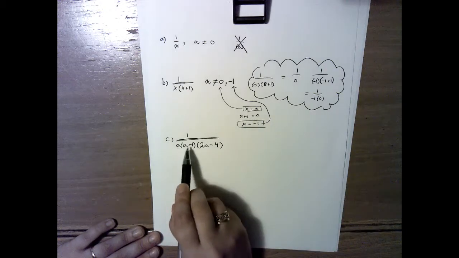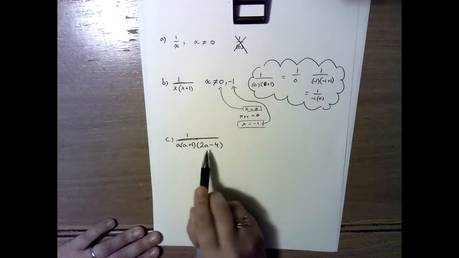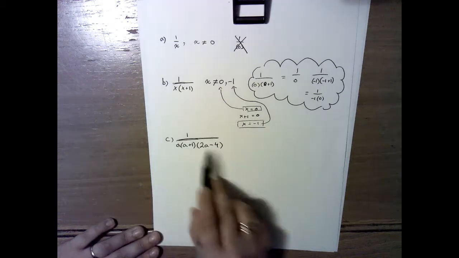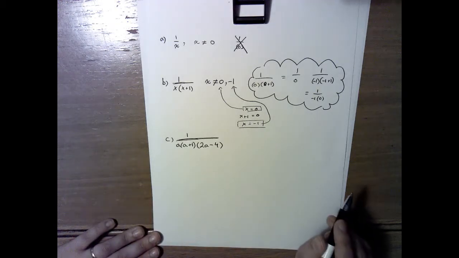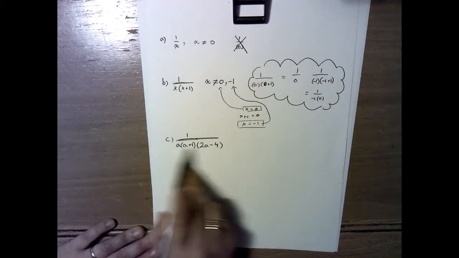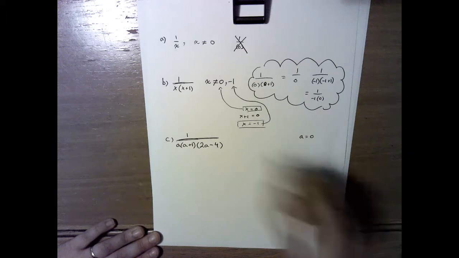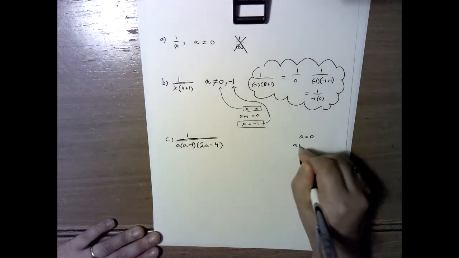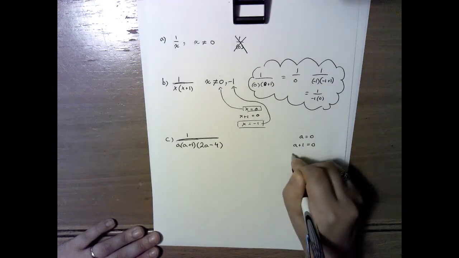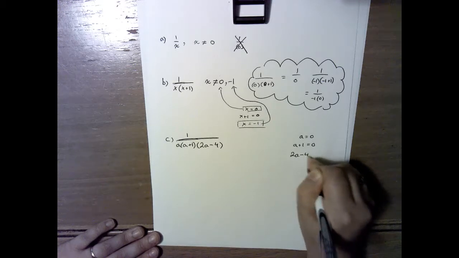I look at all of my bottom terms, all of my bottom binomials in this case, and I try to find the values of a that will make all of this equal 0. So my first one is just a equals 0. My second one is a plus 1 equals 0. And my third one is 2a minus 4 equals 0.